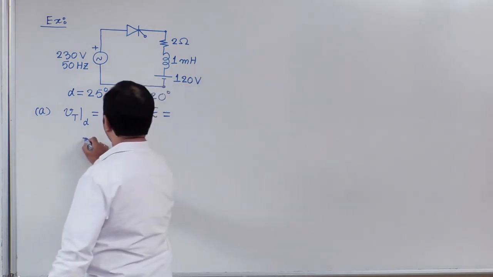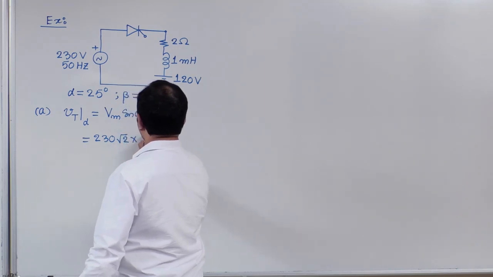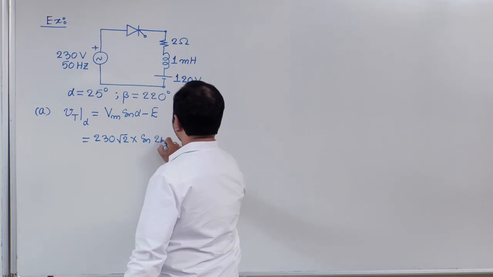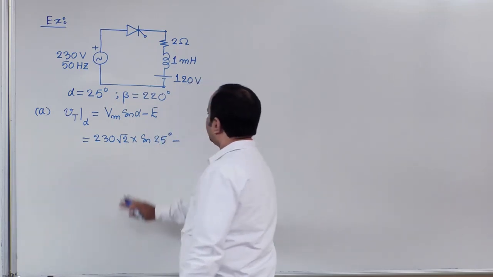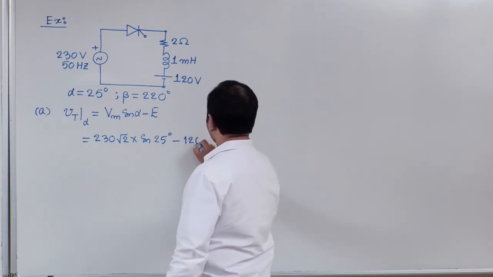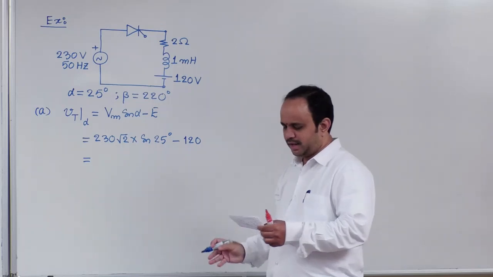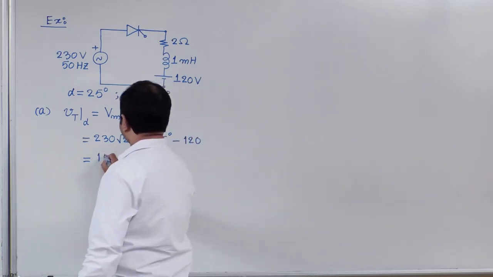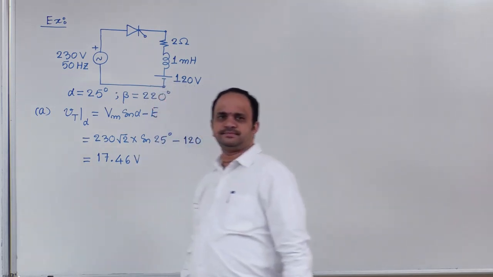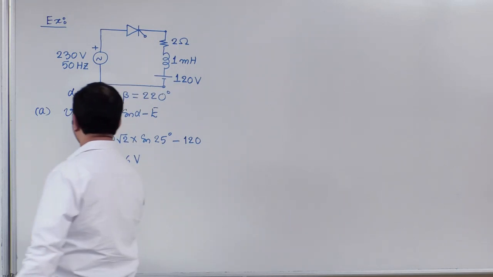That is 230 into root 2 multiplied with sin alpha, that is sin 25 degree, minus load EMF, 120. So this value I calculated and I got 17.46 volt.